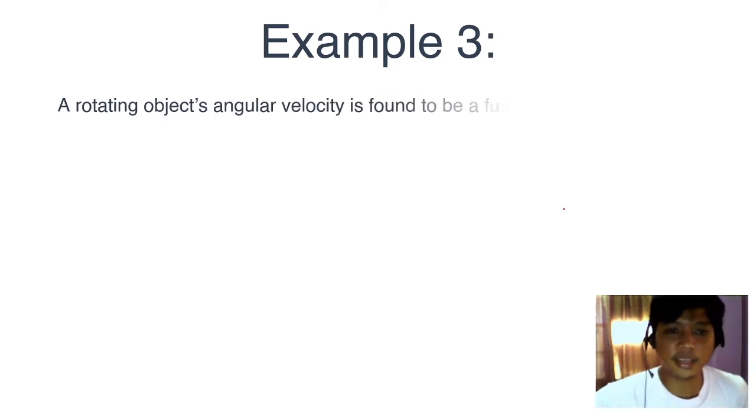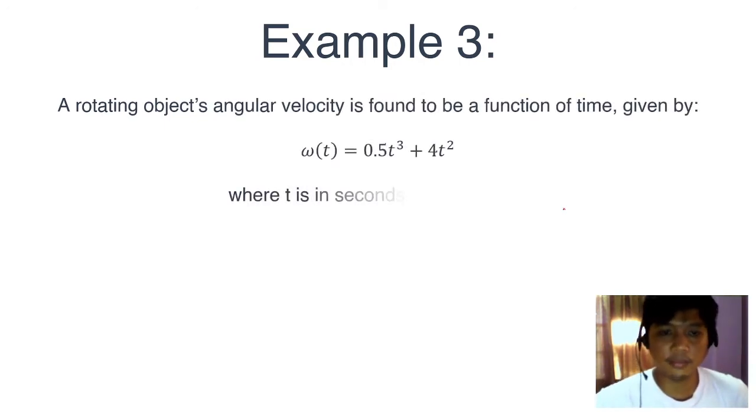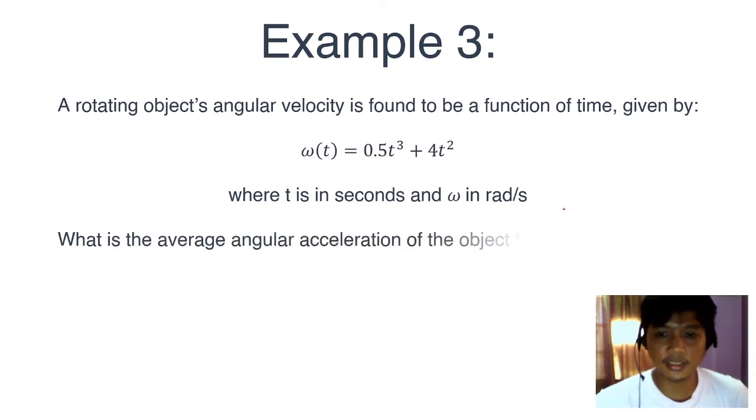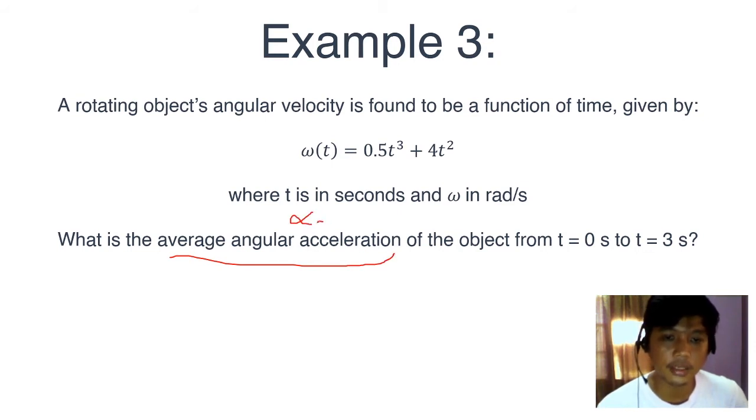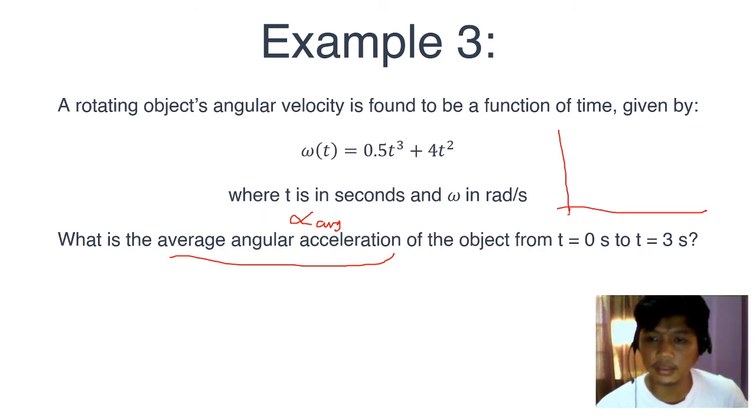A rotating object's angular velocity is found to be a function of time given by that expression, where t is in seconds and omega is in radians per second. What is the average angular acceleration of the object from t equals 0 to t equals 3 seconds? So average angular acceleration is alpha AVG, from t equals 0 to t equals 3 in an omega versus time graph, trying to figure out the rate of change of angular velocity.